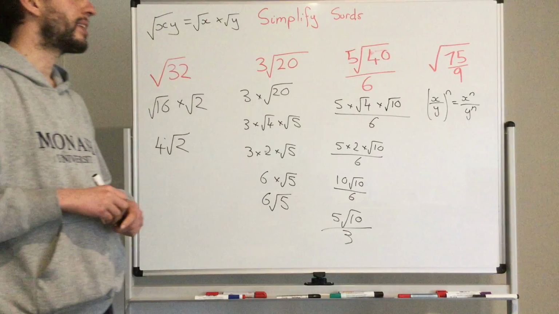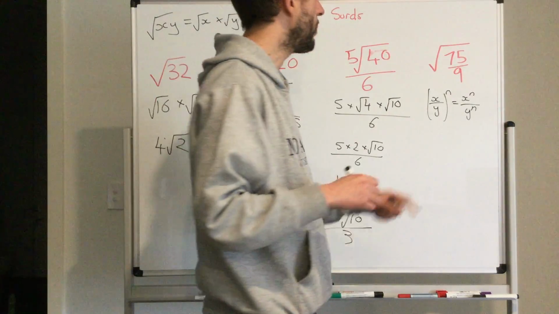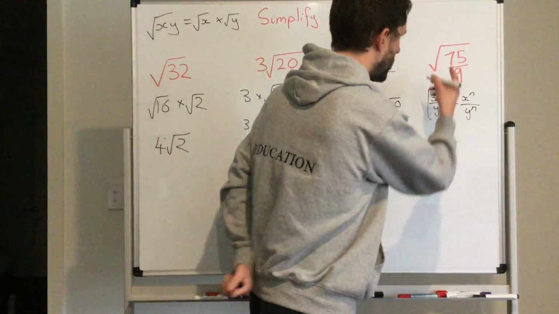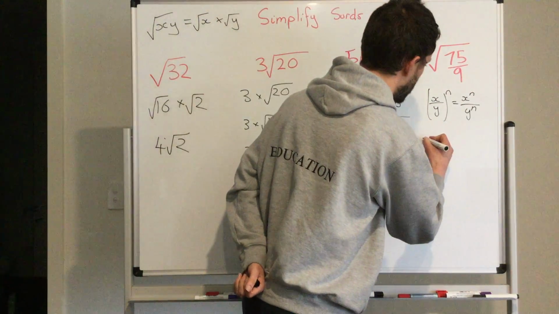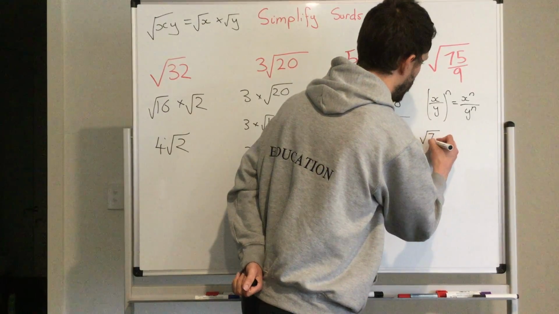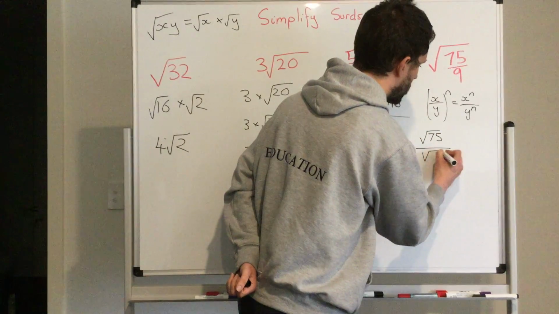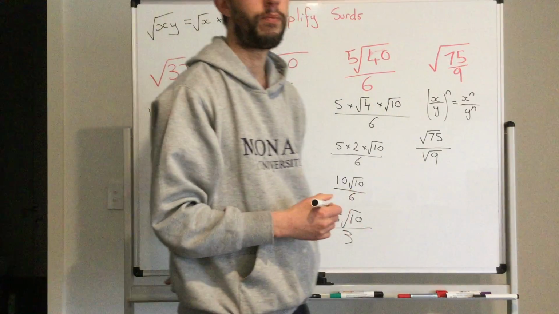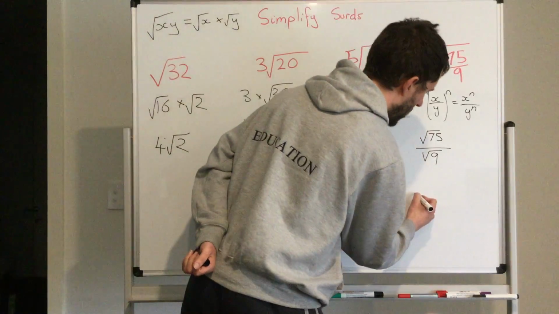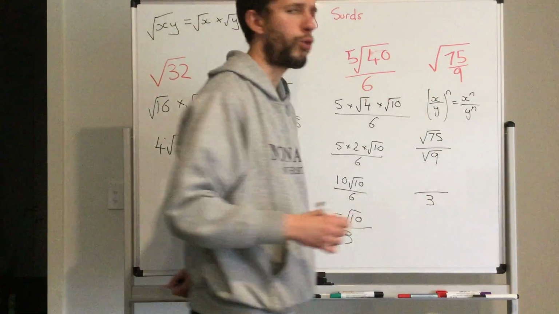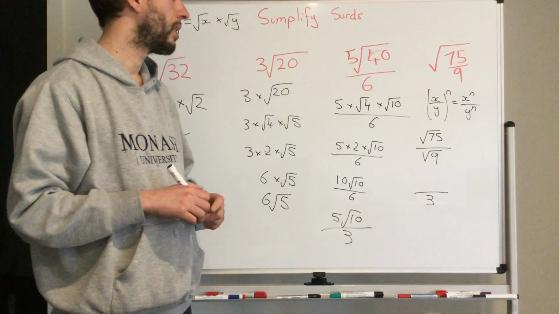So that links exactly into square roots, where the square root of 75 divided by 9 is the same as the square root of 75 divided by the square root of 9. I know the square root of 9 equals 3, because 3 times 3 equals 9.